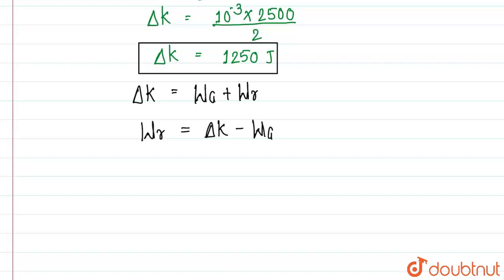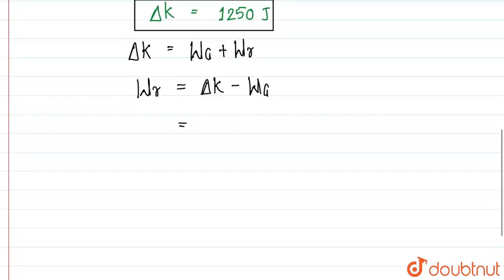Here we are calculating work done by the resistive force, so we can write delta K equals Wg plus Wr. Here we have missed one constant in the change in kinetic energy, that is 10 to the power of minus 3 is missing there.